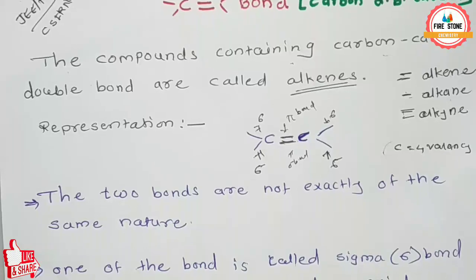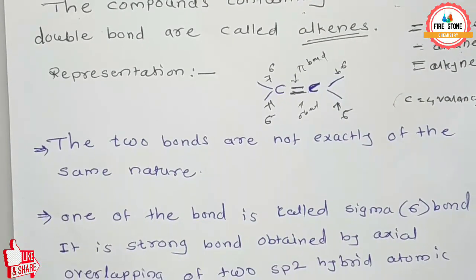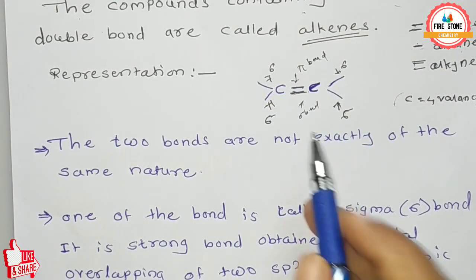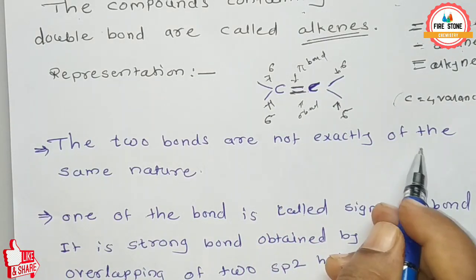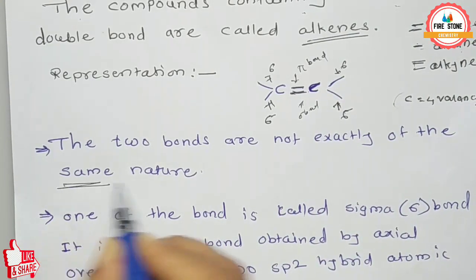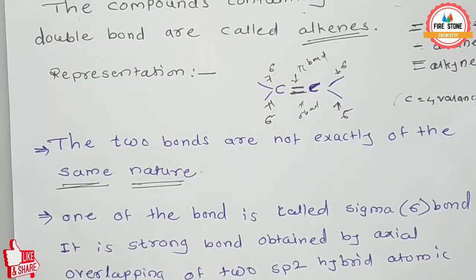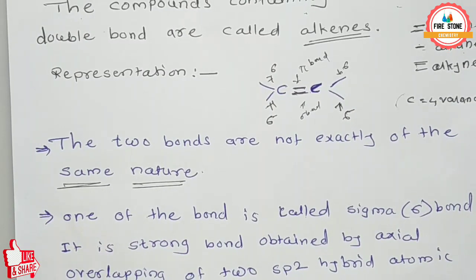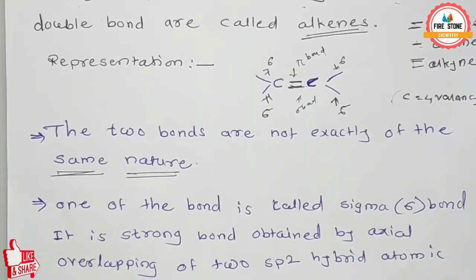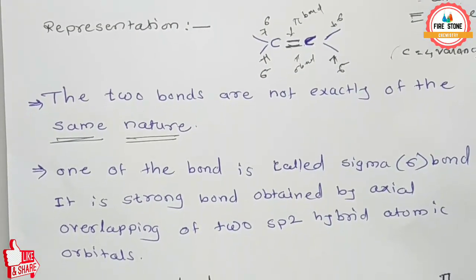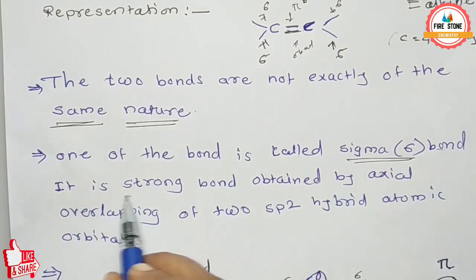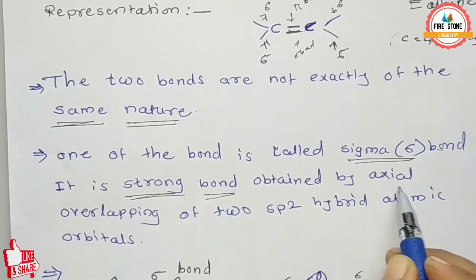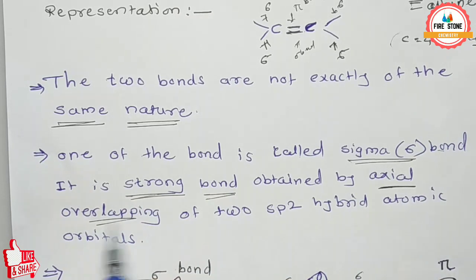Next, the 2 bonds of the double bond are not exactly of the same nature. Although it is a double bond, the two are not exactly the same, because one bond is called a sigma bond. It is a strong bond obtained by axial overlapping.